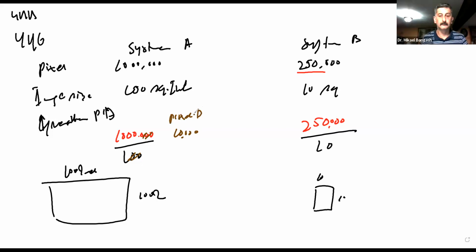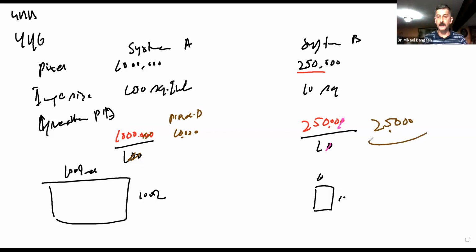Whereas for system B, our pixel density ends up as 25,000.